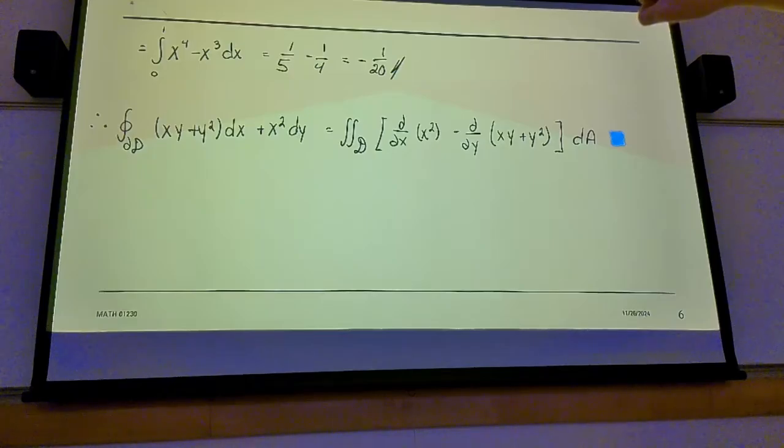Okay, it's asking you for that line integral. And this is the same as this. They're the same. Okay.